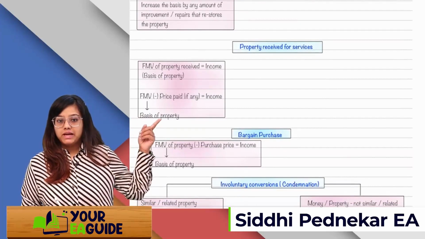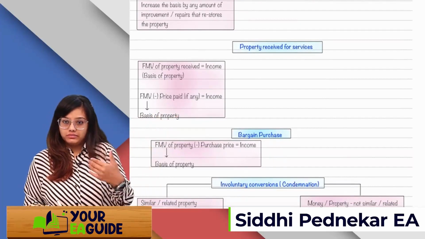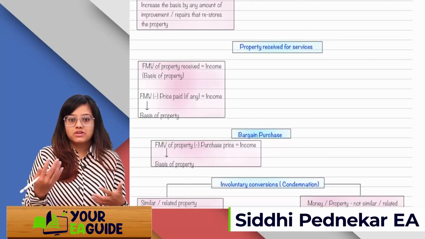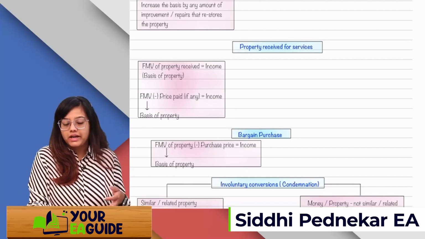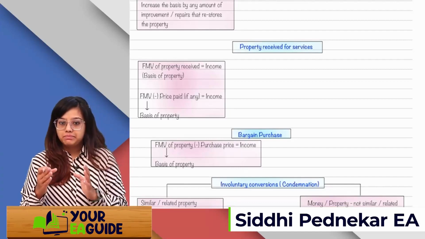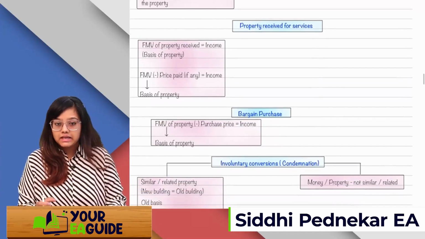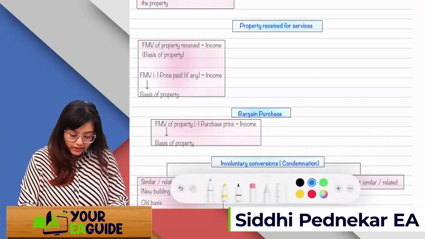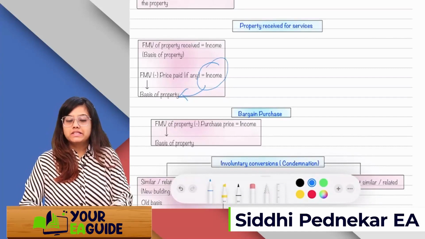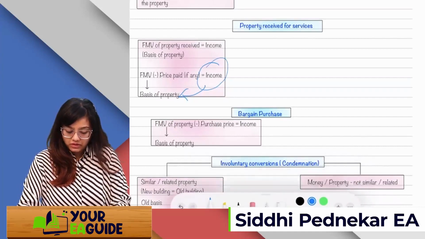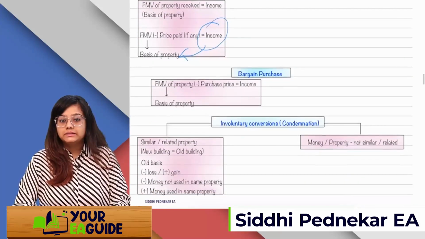So FMV minus price paid, if while taking the property you have provided services and also paid some particular amount, will be considered as income, and whatever you have included in income, that part will be called your basis of property. Got it?